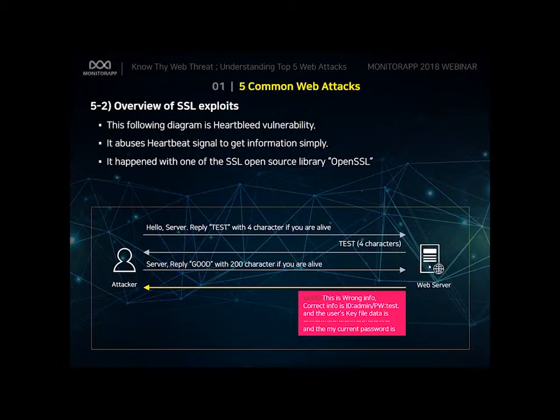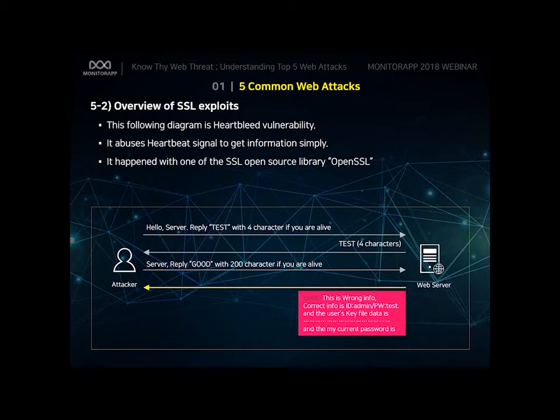When users send and receive data to confirm the server's SSL status, the data is exchanged according to its length. The attacker will use Heartbleed to connect to the web server using the heartbeat signal, like in the diagram. When the attacker requests a reply of "good", 4 characters, with a length of 200 characters, the server will deliver the word "good" and the remaining 200 characters to the user.